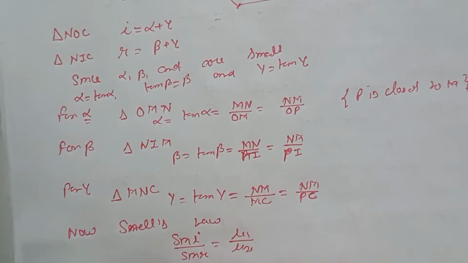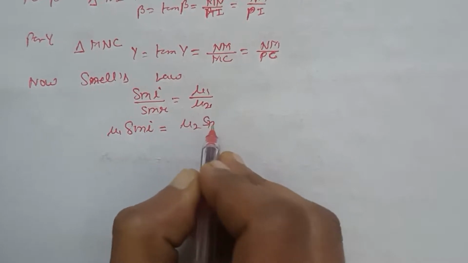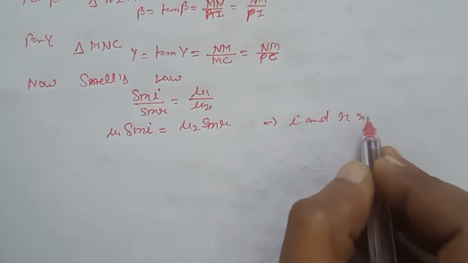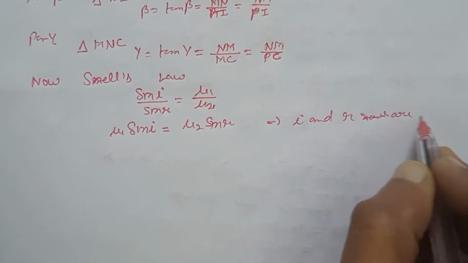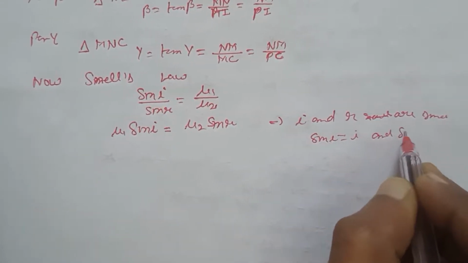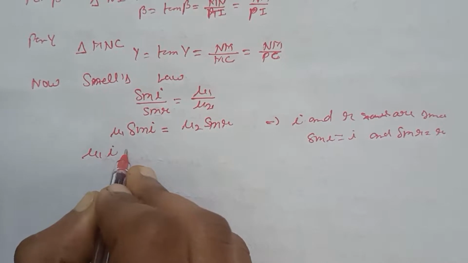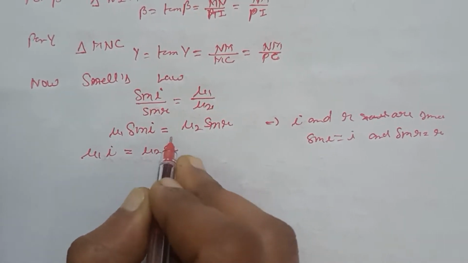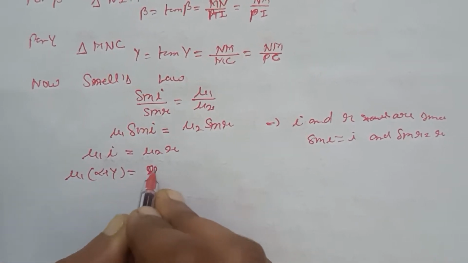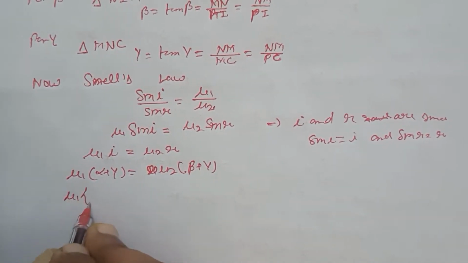So mu1 sin I equals mu2 sin R. Since I and R are small, that's why sin I is written as I and sin R is written as R. So mu1 I equals mu2 R. Substitute the value of I and R: mu1 (alpha plus gamma) equals mu2 (beta plus gamma).